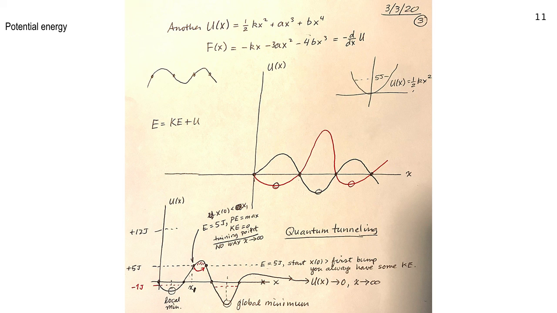So there's your barrier. Okay. In quantum tunneling, basically you tunnel from one turning point to the other turning point. All right. And this is kind of an idealized view. And let's go to my next slide, please.